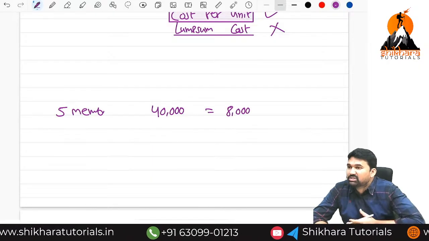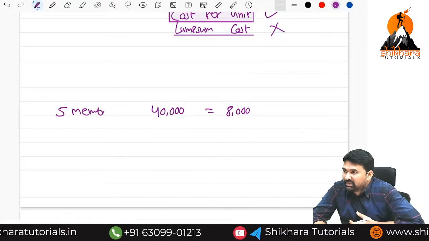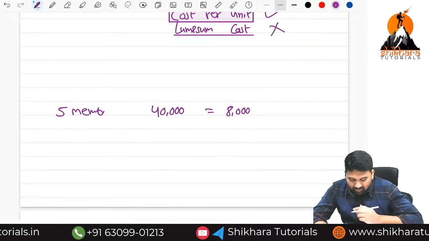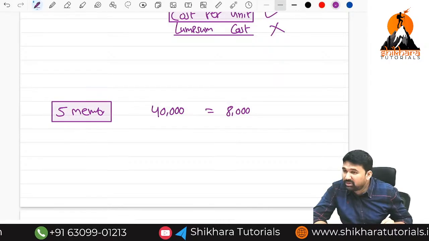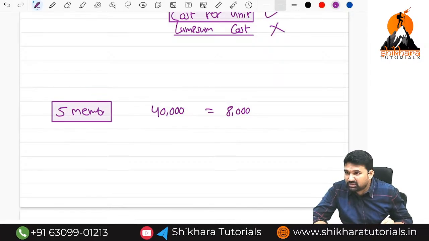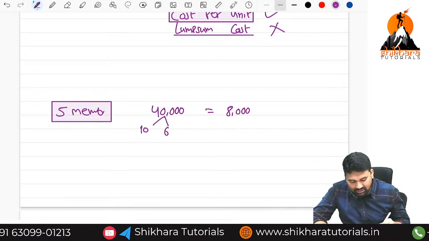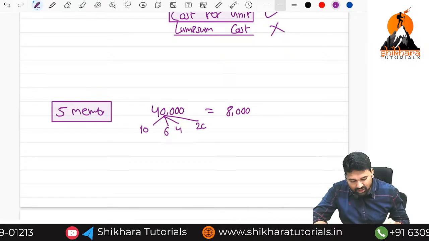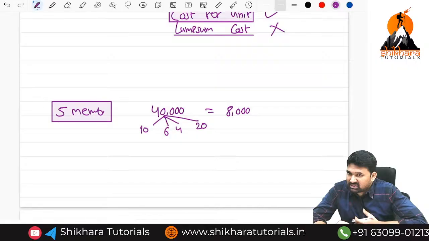Eight fives are 40. So for 5 members, it is 40,000. And do you remember the subdivision of 40,000? 10,000 car rent, 6,000 fuel, 4,000 toll gate, and 20,000 for stay, food, boarding, lodging, etc.